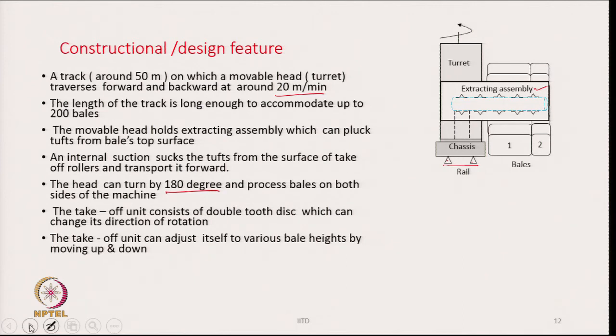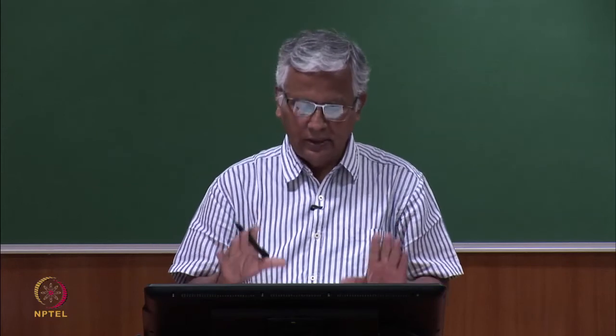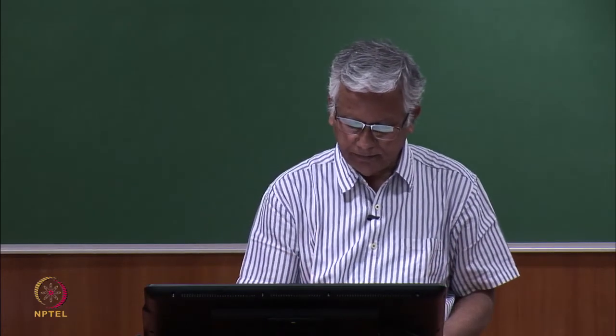They may vary a little in terms of length, breadth and height. There is not much standardization here. So, if we procure bales from different countries, they may vary in size, and hence this takeoff unit can move up and down depending upon the height of the bale.